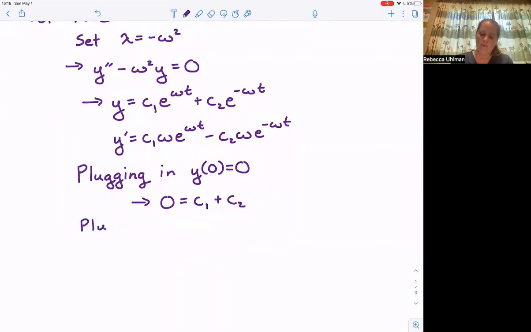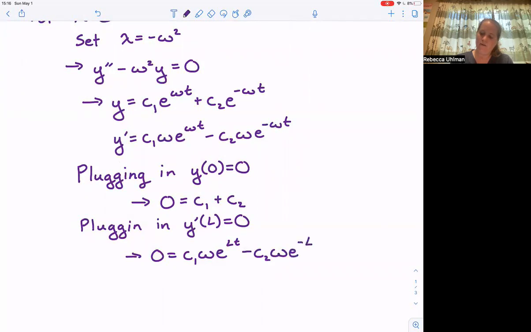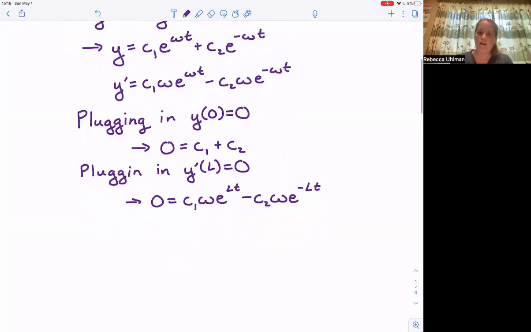Plugging in y prime of L equals 0, we get that 0 is equal to C1 times omega times e to the LT minus C2 omega e to the negative LT, which simplifies to 0 is equal to C1 omega minus C2 omega.